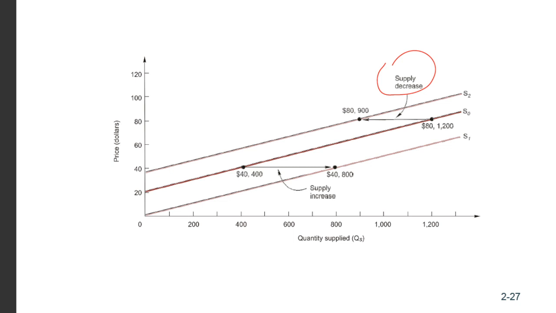So an example here would be input. I'm going to do it with my typewriter. That can cause a shift in the supply.